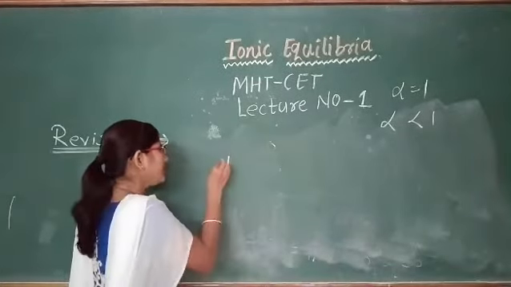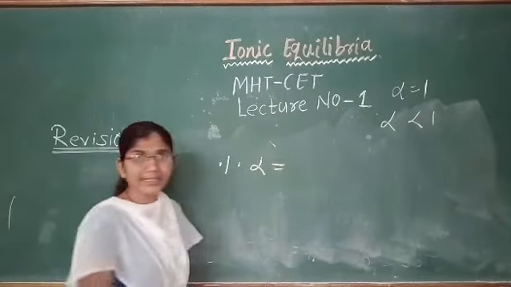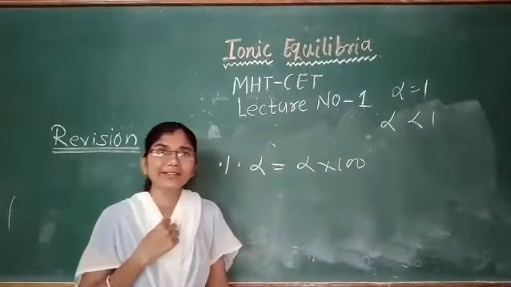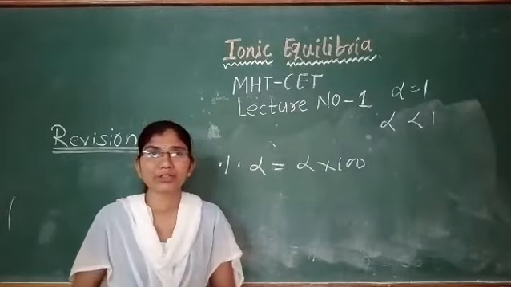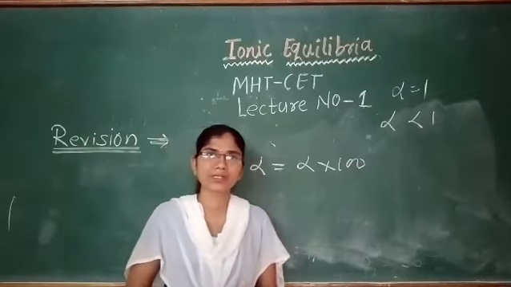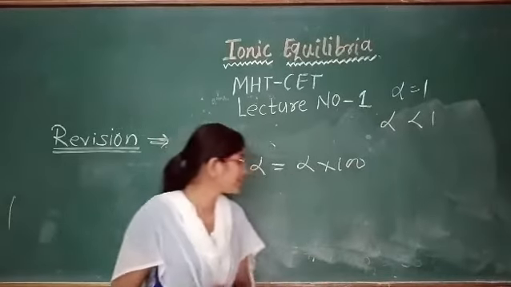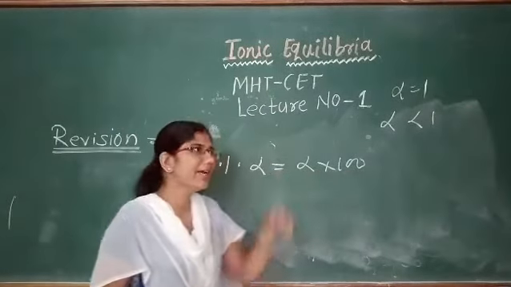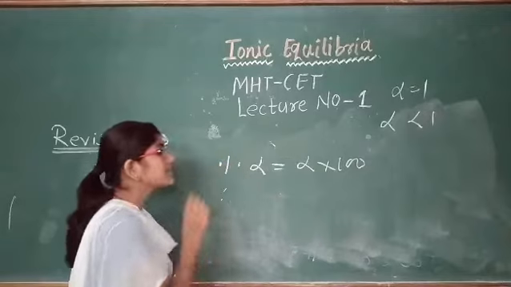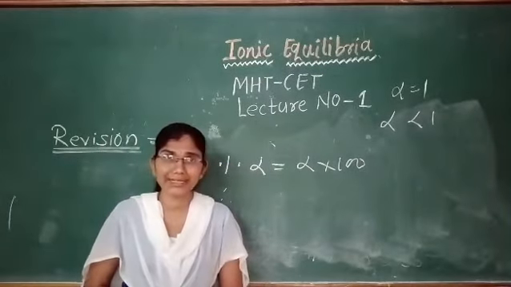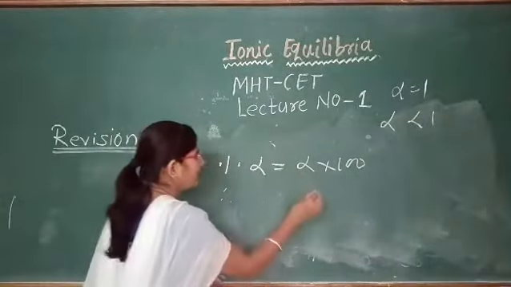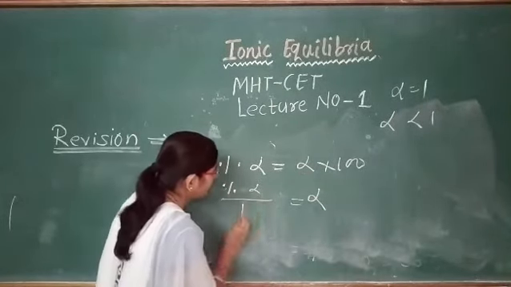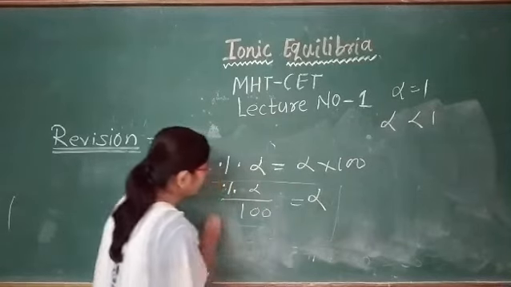Then what is meant by percent alpha? Percent alpha means alpha into 100. This is a very important formula from the exam point of view, when we solve the MCQs in the next lecture. Percent alpha is equal to alpha into 100, and therefore if we want to calculate alpha from percent alpha, then alpha is equal to percent alpha divided by 100.